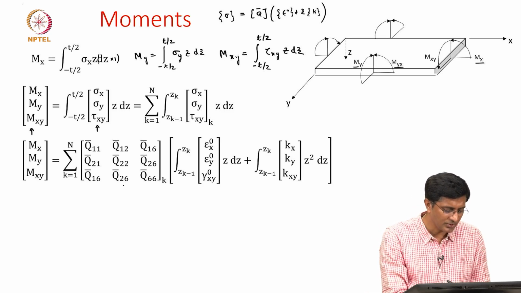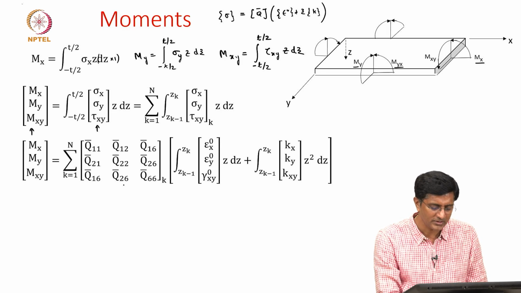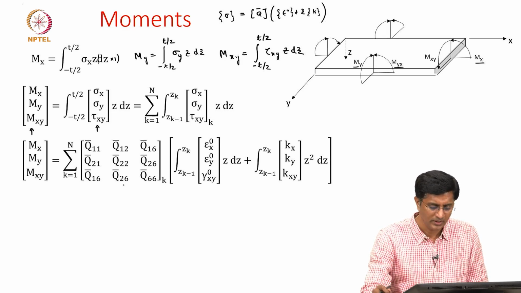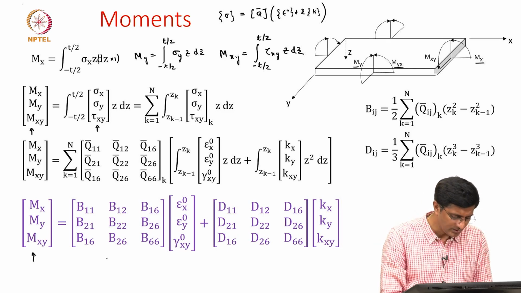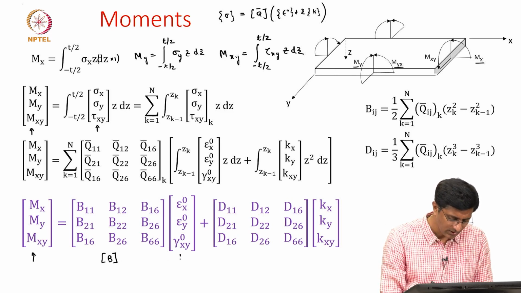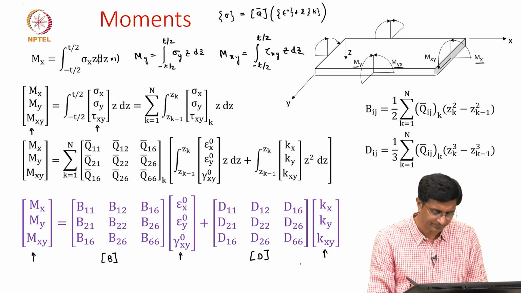We get the Q matrix out of the integrals, and these integrals will be only for z dz and z square dz. This can be further simplified, and now we can write these moments in terms of the B matrix times the mid surface strain plus the D matrix times the curvature.